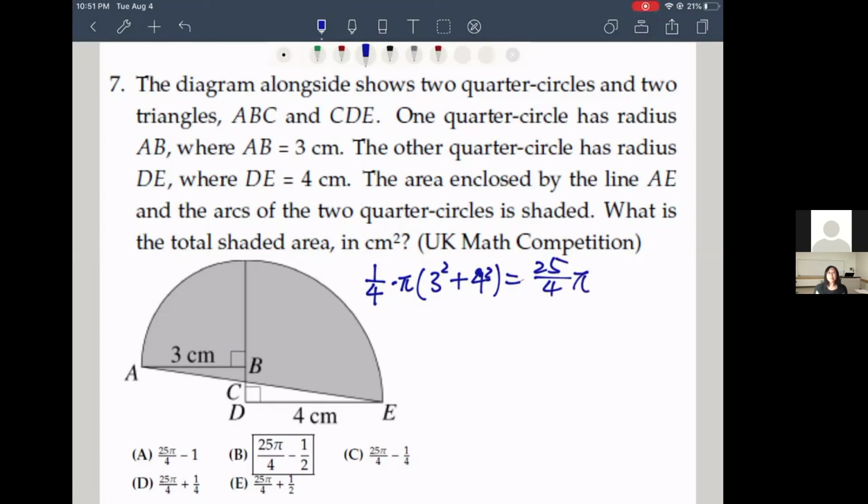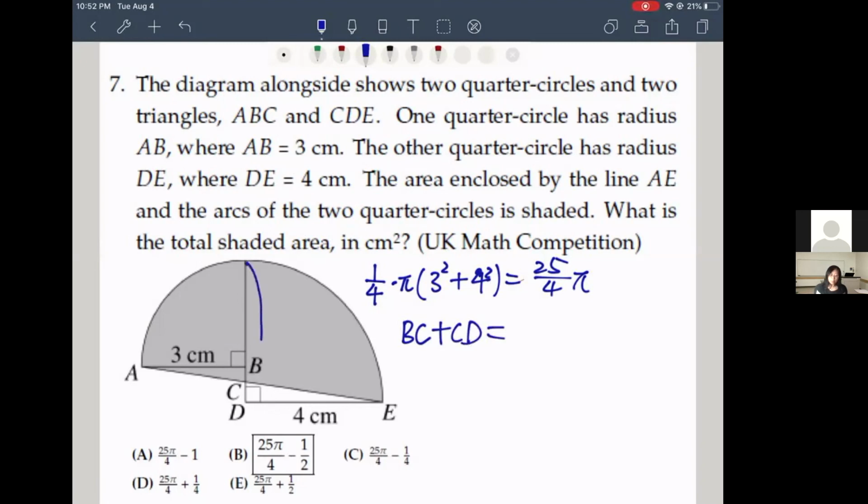We noticed that in order to make the shaded area, we needed to add the area of ABC and then subtract the area of CDE. So to know that, we needed to know the length of BC and CD. For BC and CD, we noticed that BC plus CD, what is the sum?